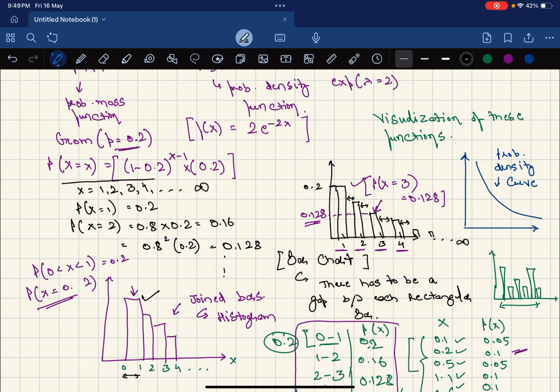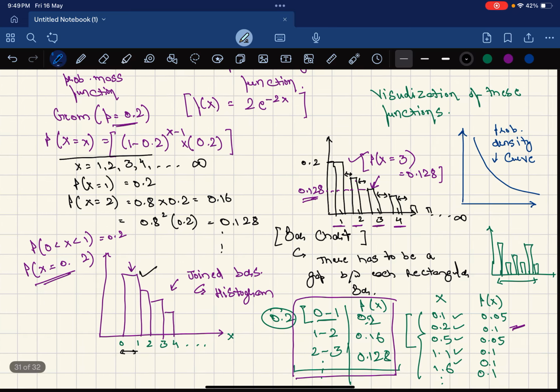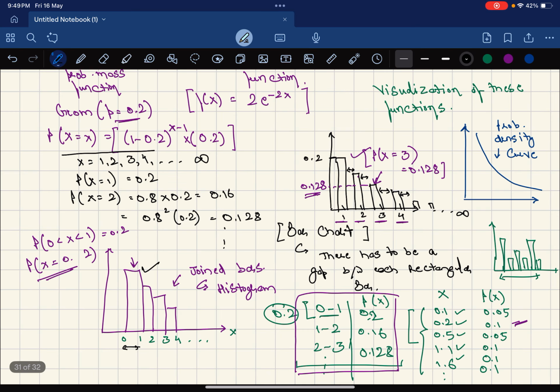And then finally, we also looked at the histogram, which was used to get the probabilities of x when x lies in a particular range of values, and the bars in this case, unlike the bar chart, are joined with each other, and the ending value of the previous range is the starting value of the next range in the histogram.